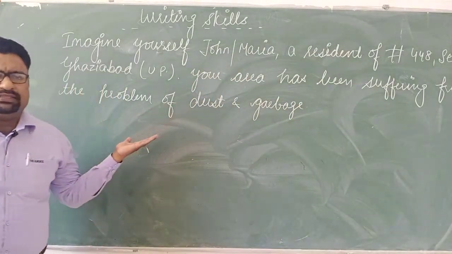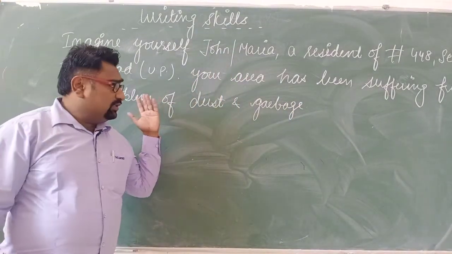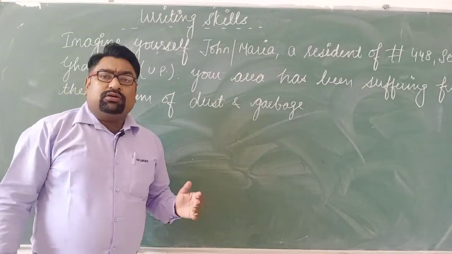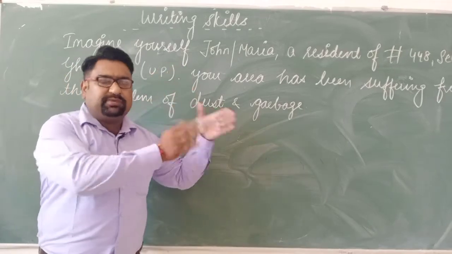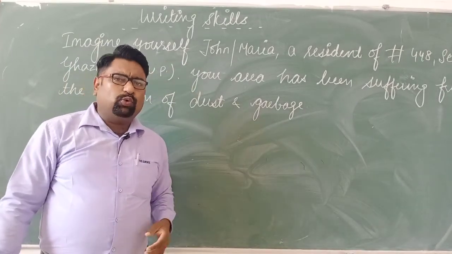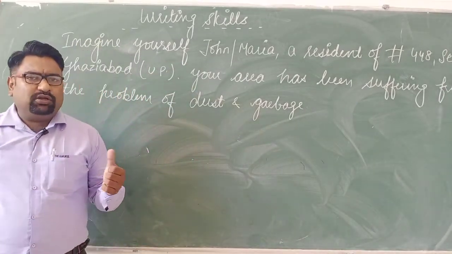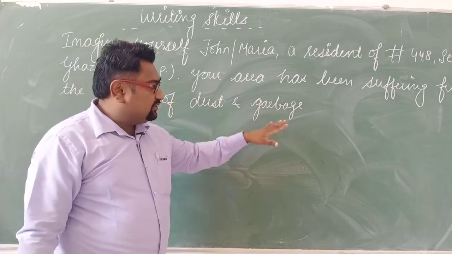Dust and garbage means kura karkat, Hindi translation clear? Means people do not understand, although dustbin boxes are being provided to them, but they are not throwing the garbage into the dustbin box, but they are throwing it on the road. You try your level best to make them understand, but none of them wants to listen to you.